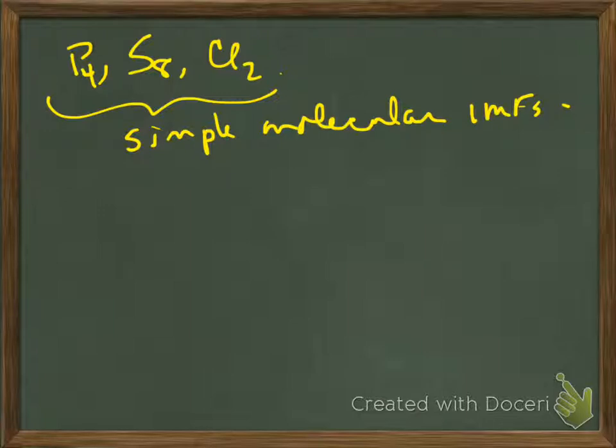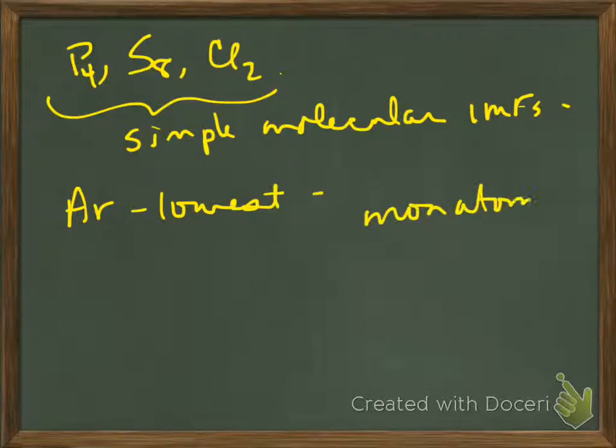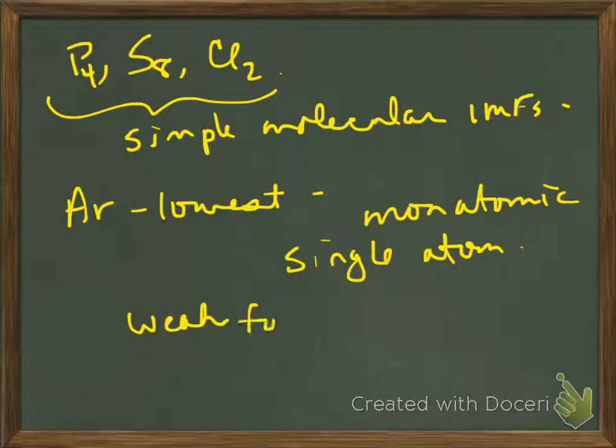And these are fairly weak, with chlorine having the lowest melting point due to the small number of electrons, phosphorus being next, and sulfur being kind of in the middle, although there's not a huge difference between their melting points. And then argon, lowest. This is a monatomic molecule. I don't even know if I would call it a molecule because it's just a single atom. Weak forces, low melting point.